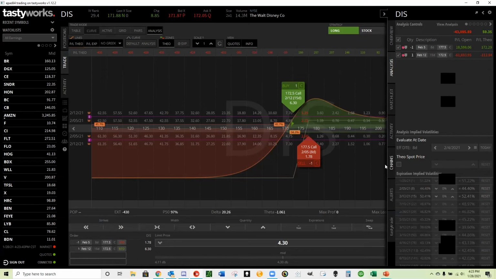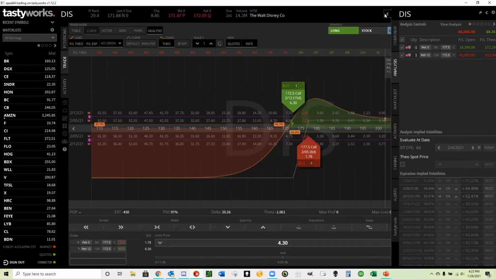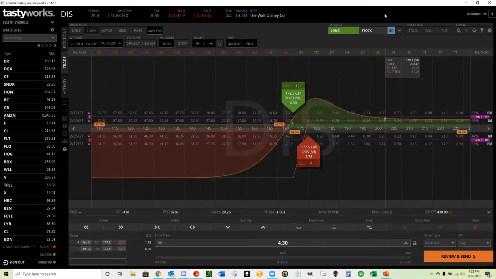Yep. The other thing with this call is there's another phenomenon that happens during options, during earnings, where the options actually accelerate on the short end. The theta actually accelerates shorter than 7 days as it approaches earnings.